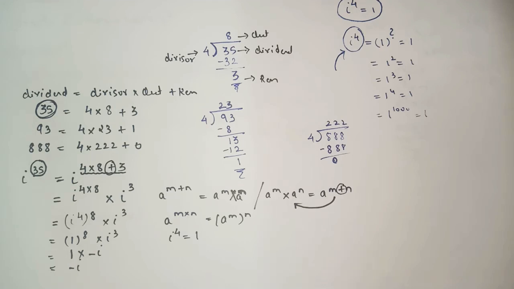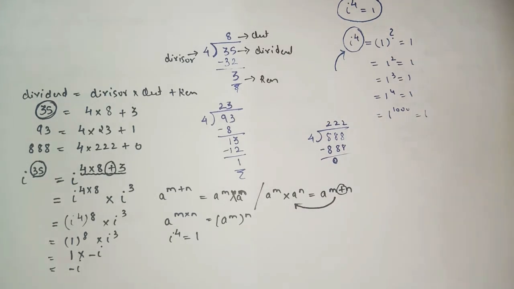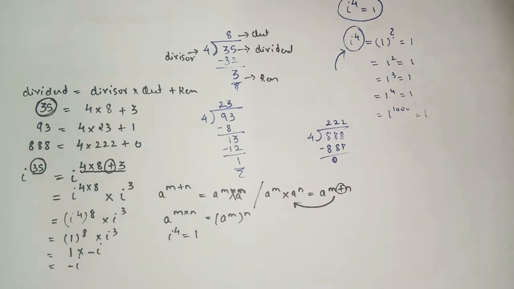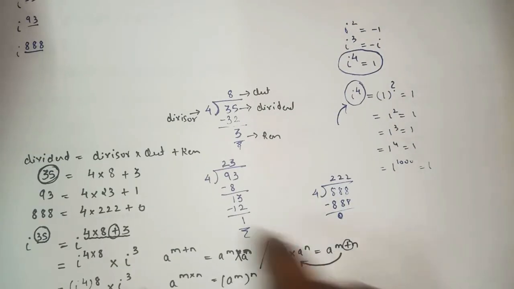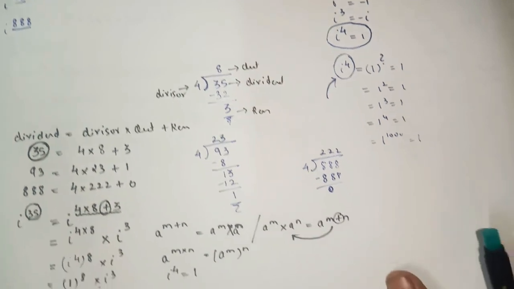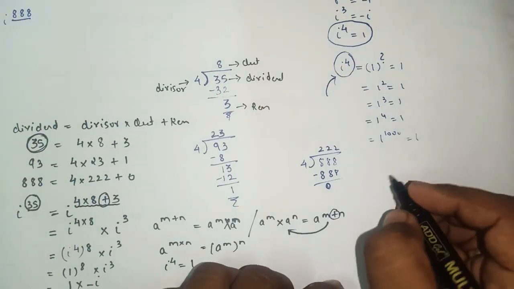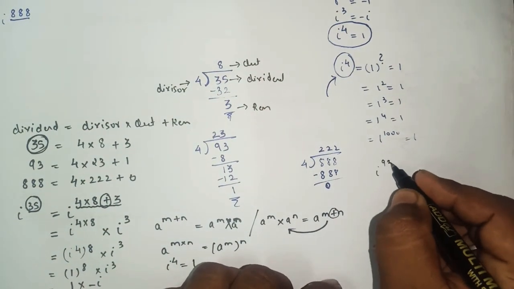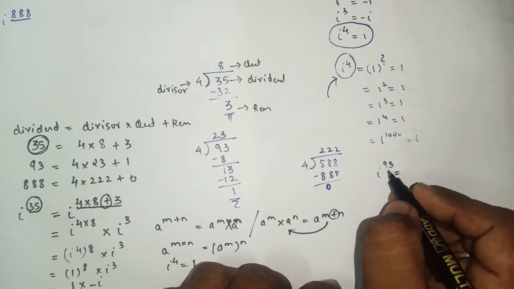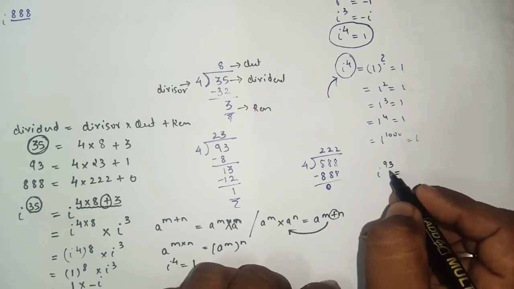Okay. So we'll take one more sum, then you will come to know exactly what we have to do here. So here we'll take I raised to 93. We'll consider this as the dividend.